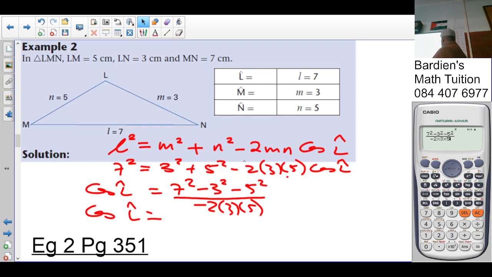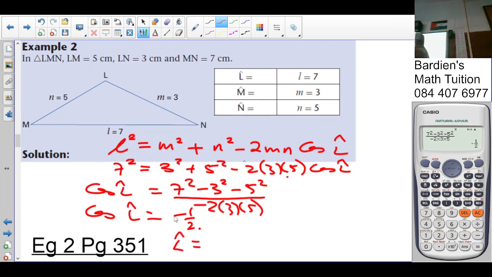What subject do you get now? English. Okay. So it's negative, and that's the reason why you're learning English, so you can read your maths paper. Right. So angle L. People, is this angle obtuse or acute? Obtuse. Why? Because cos is less than 0. So we get the inverse cos.